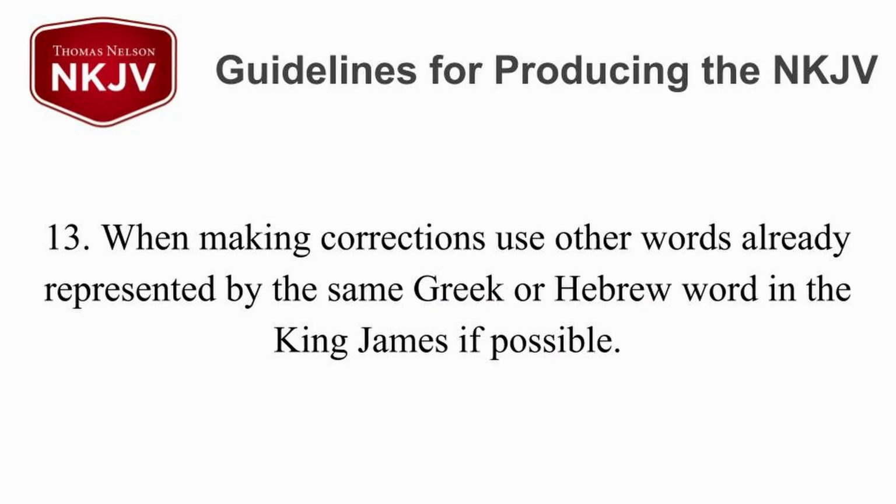Number 13, when making corrections, use other words already represented by the same Greek or Hebrew word in the King James if possible. What I like about this one is what they were saying is we're going to sometimes have to change a word. It was translated this way. But if we're going to change the word, we're going to continue to try to use the vocabulary of the original King James translators.